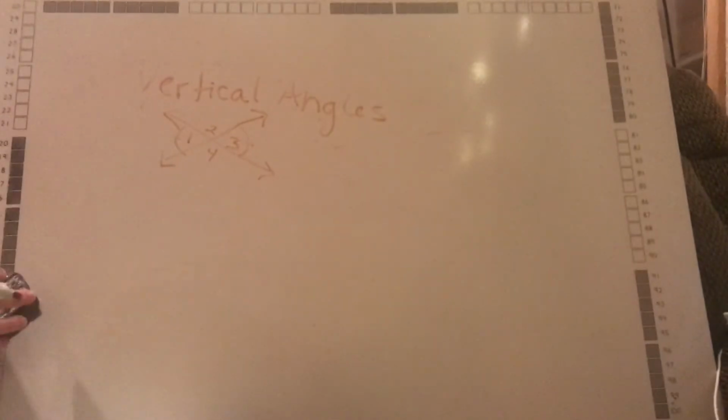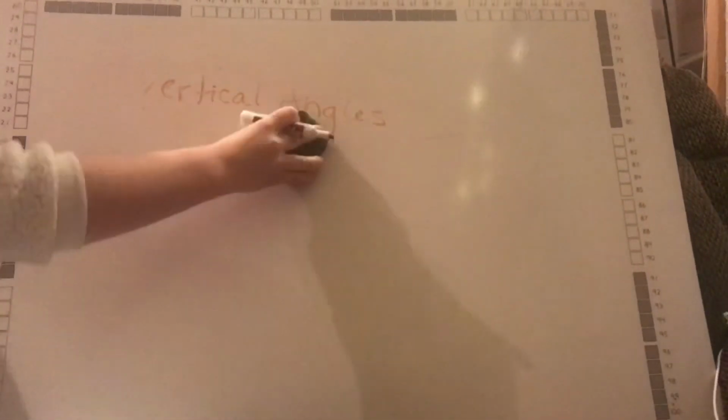All right, a transversal is a line that intersects two or more lines. So you have two lines, transversal. So you have two lines and a line that goes through both of them. Now, this angle and this angle are called your alternate interior angles.